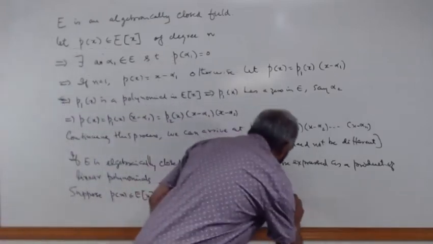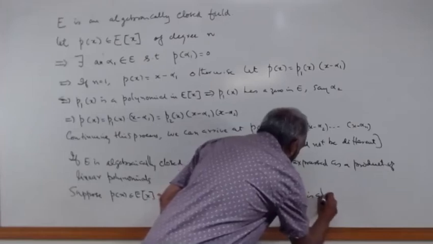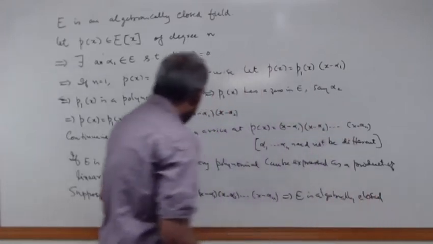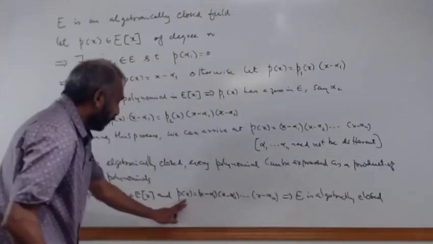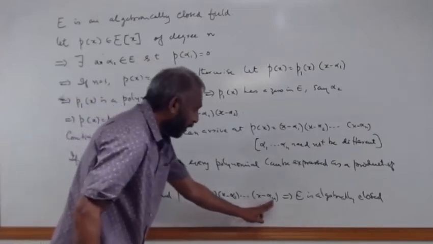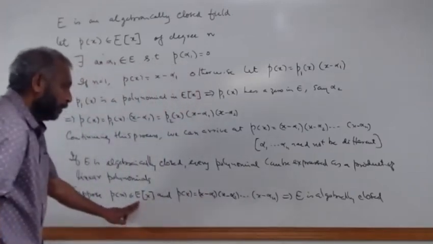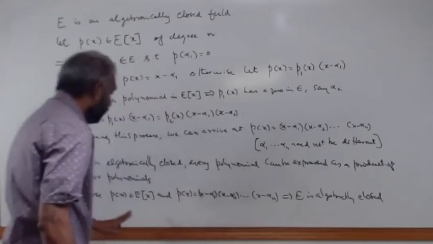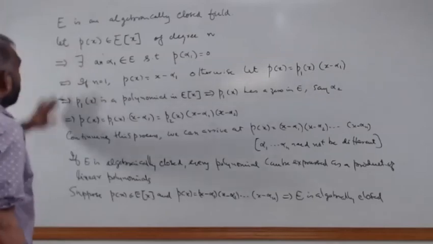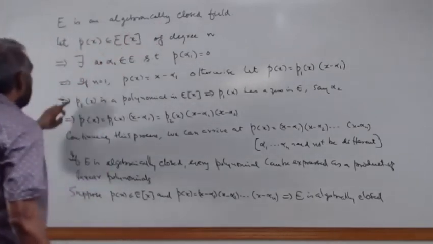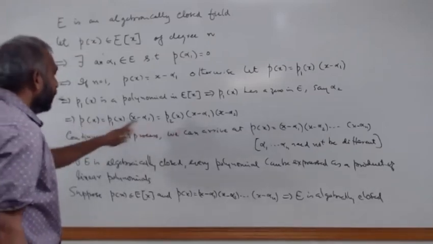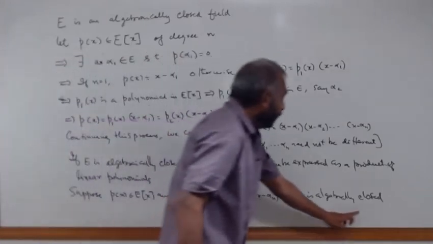That means E is algebraically closed, because if you are factorizing this into linear factors, all these alpha 1, alpha 2, alpha 3, alpha n's are from E. So these are all zeros of p of x. So if it is algebraically closed, we can express it as a product of linear factors. If it is linear factors, then it is algebraically closed.